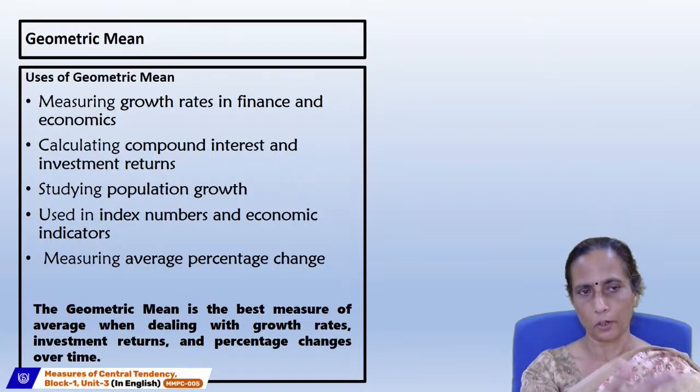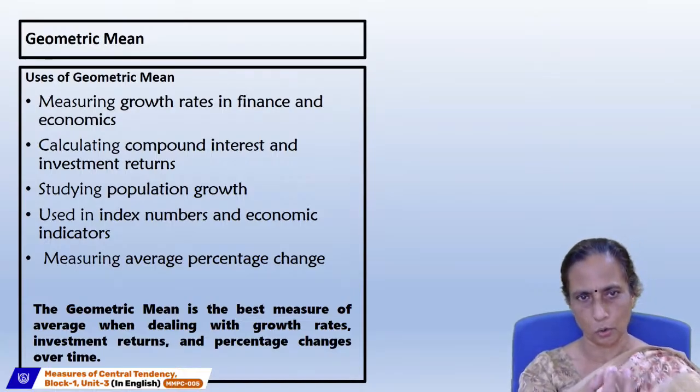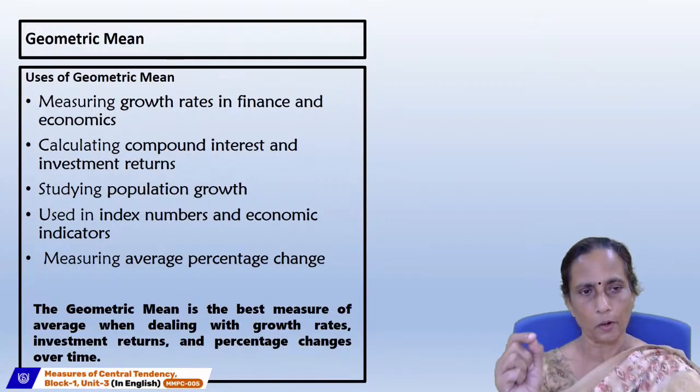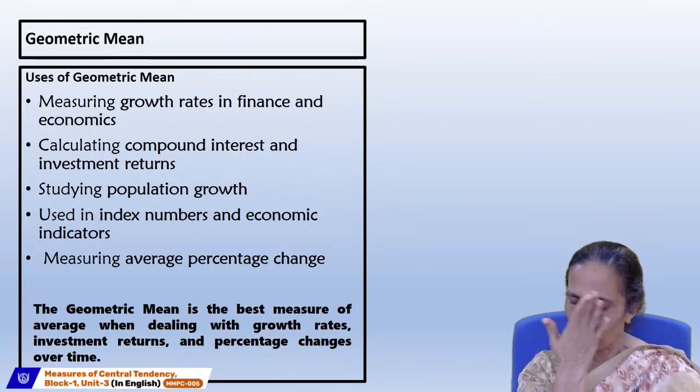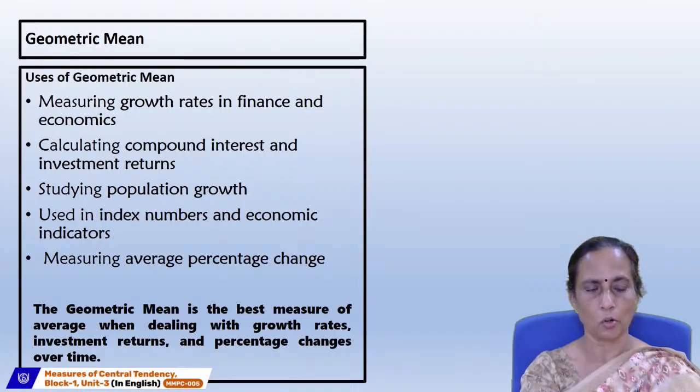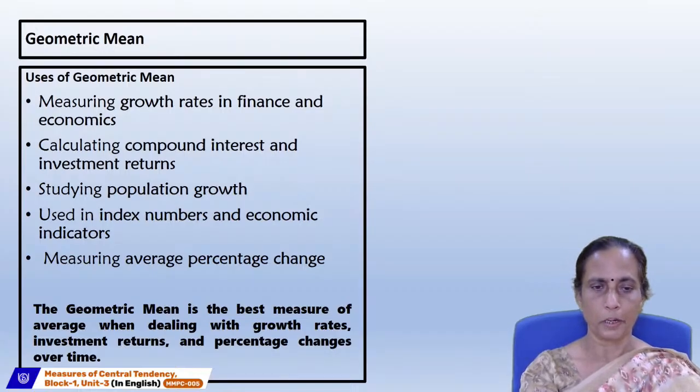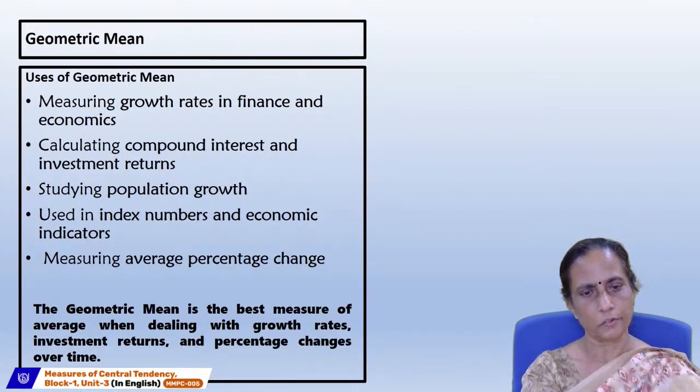So uses of your geometric mean, it measures the growth rates in finance and economics, calculating compound interest and investment returns, studying your population growth, used in index numbers and economic indicators, measuring average percentage change.